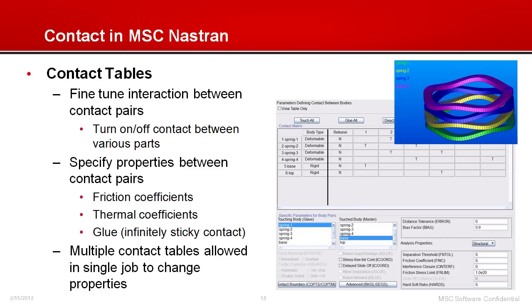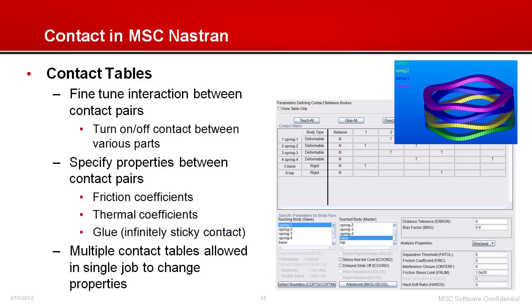So now that we have created the contact bodies, how do we tie these contact bodies together? The way to tie them together is using contact tables. So for example, let me just turn my mouse visible.